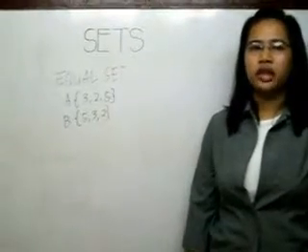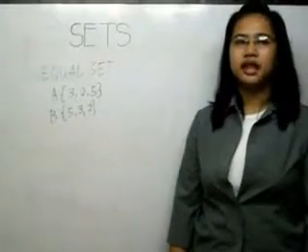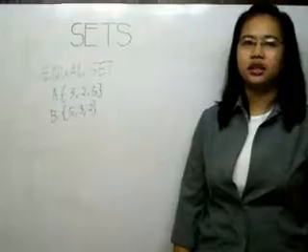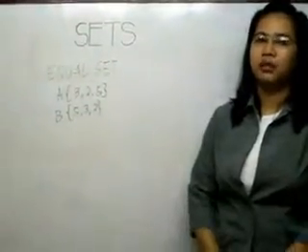The second kind of set is the equivalent set, wherein set A and B are equivalent if they have the same number of elements.